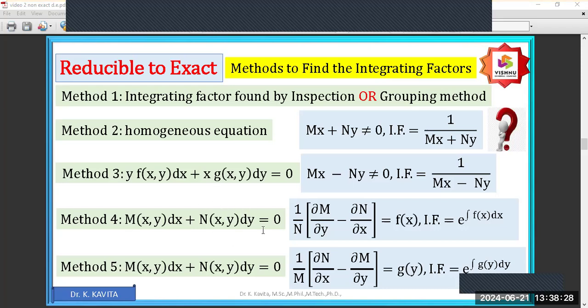Then we take 1 by N into (dou M by dou y minus dou N by dou x) equals f of x, and here IF equals e power integral f of x dx. This is a function of x alone. For the method M dx plus N dy equals 0 where M is small, 1 by M into (dou M by dou x minus dou N by dou x) equals g of y, and here IF equals e power integral g of y dy. Here the function is of y alone.